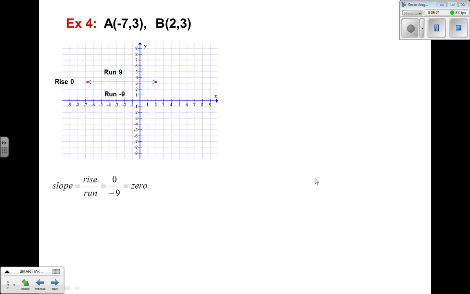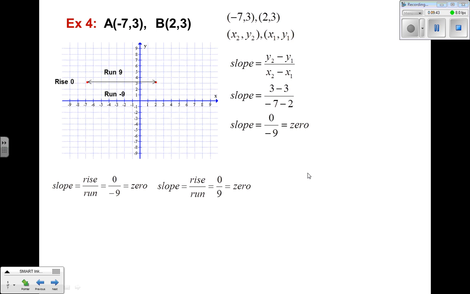Now if I went from the left point to the right point, rise is still 0, but my run is +9 because it's to the right, and I get 0 over +9, again 0 slope. So as before, I'm labeling the points x2, y2, x1, y1, and subtracting in that direction, and I get 0 over -9, meaning 0 slope.